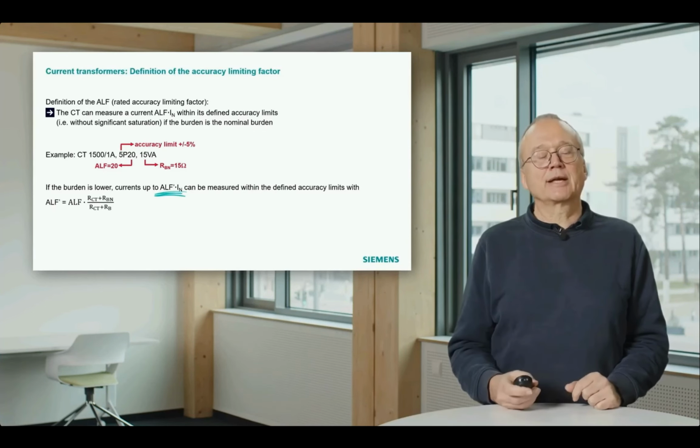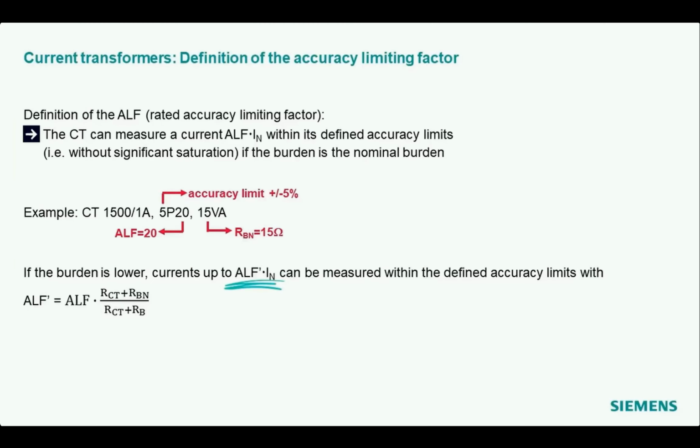And this can be calculated from the rated accuracy limiting factor by this formula. You take the rated accuracy limiting factor and multiply it by this ratio, which takes into account how much the actual burden differs from the rated burden. And in our case, it would look like this.